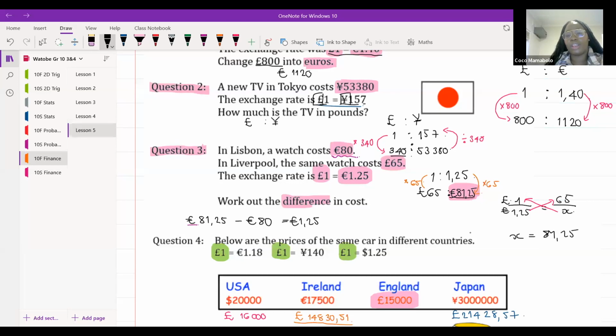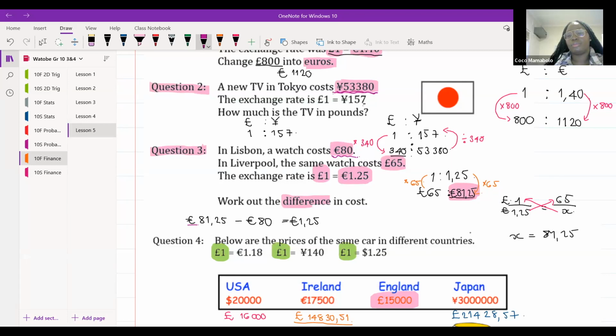Now, let's look at what they've given us. For pounds, they've given us 1. And how much do I have in yen? 157. Correct. So I'm going to set up my ratio like this. Over here, they've given us the answer in what currency, the 53,380?